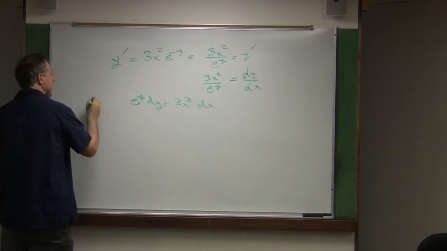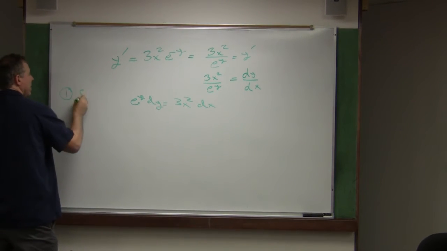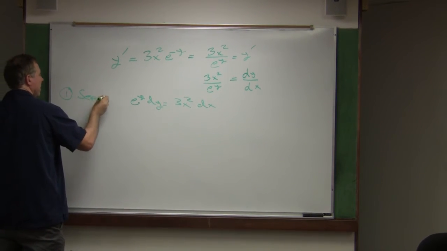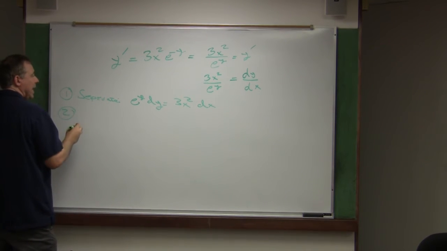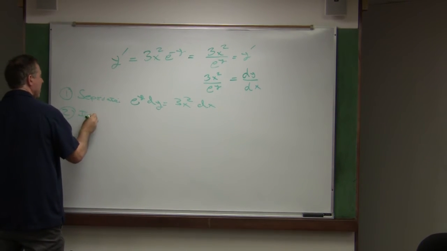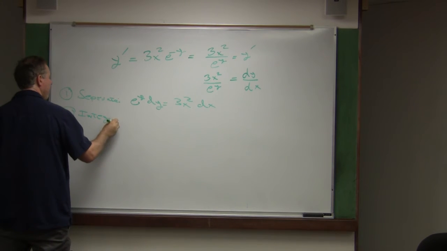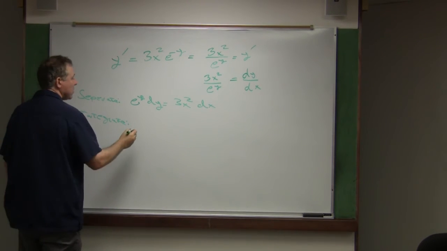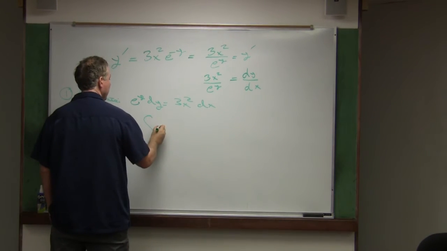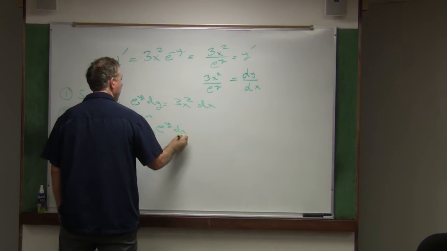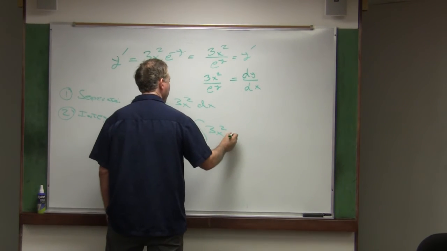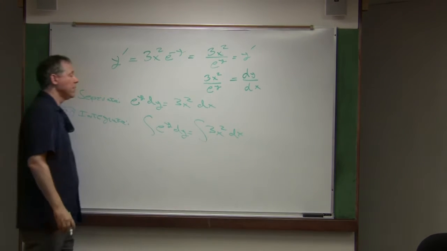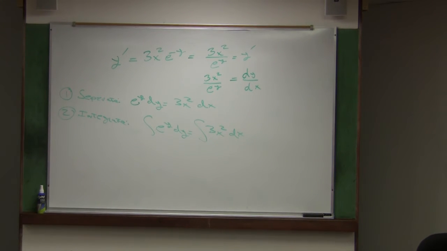So I separate. Now integrate. Okay, so the antiderivative of e to the y dy is equal to the antiderivative of 3x squared dx. Okay, so I separate and integrate.